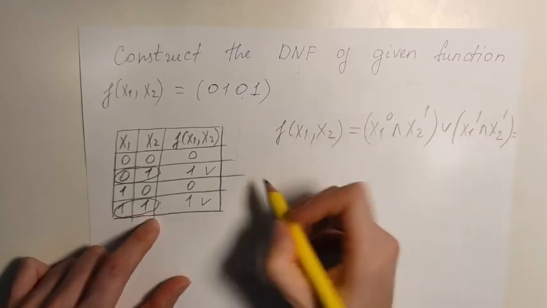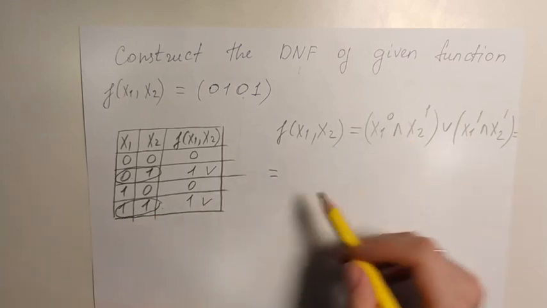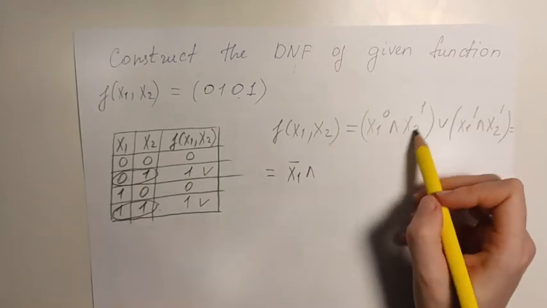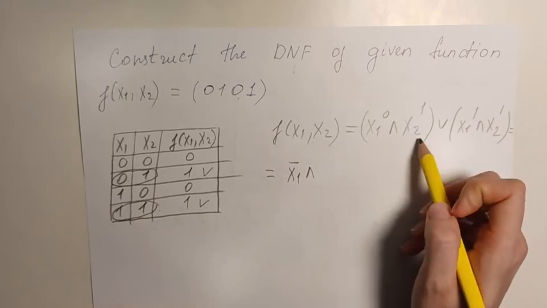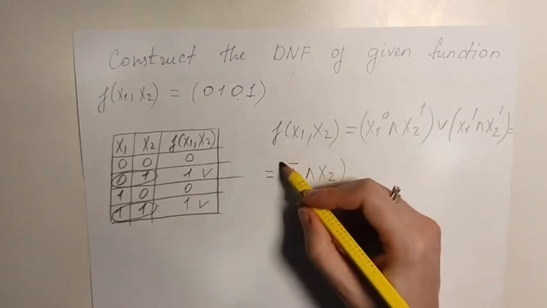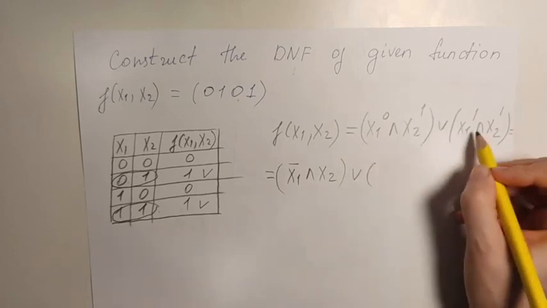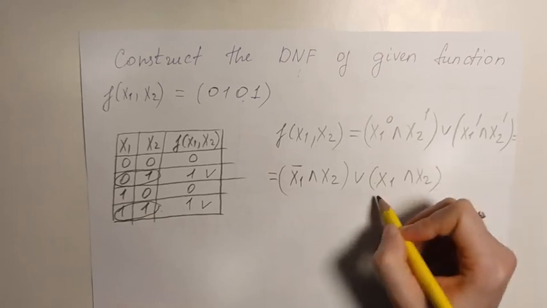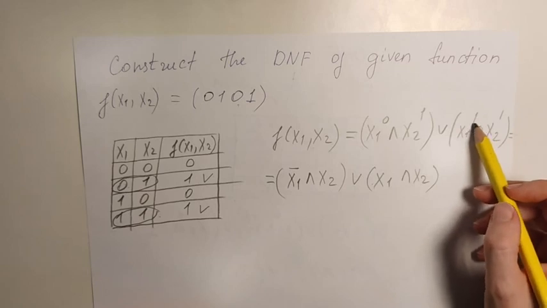So again we replace the zeros by negation, x1 negation, and we keep the same the variable whose truth value is equal to 1. x2 will be the same because its truth value is equal to 1, or x1 and x2 will remain the same because their truth values are equal to 1.